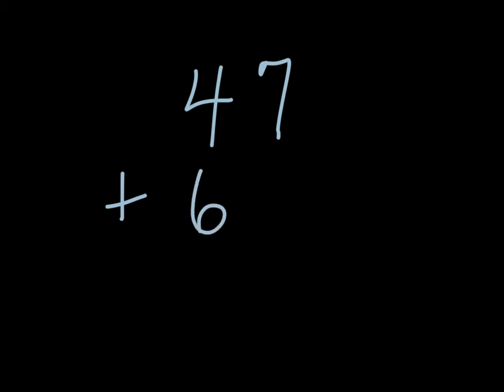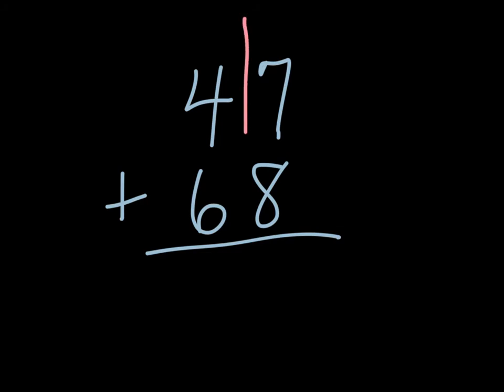Okay, let's do another problem using the algorithm method. So write this problem down: 47 plus 68. Okay, I like to make sure that I keep my numbers right, so I'm going to separate out my place values.